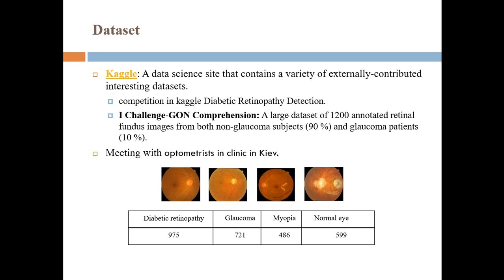Database. Our database is collected from Kaggle, from competitions in Kaggle: diabetic retinopathy detection and glaucoma detection. We collected 975 images of diabetic retinopathy, 721 glaucoma, 486 myopia, and 599 normal eyes.